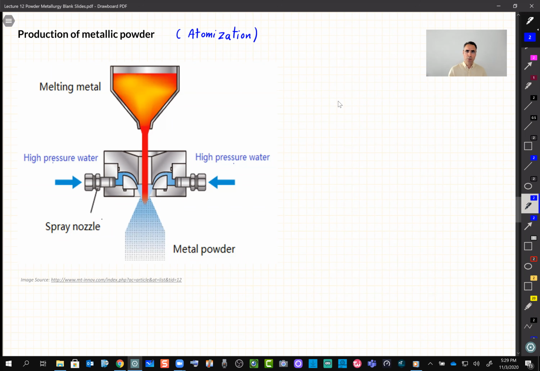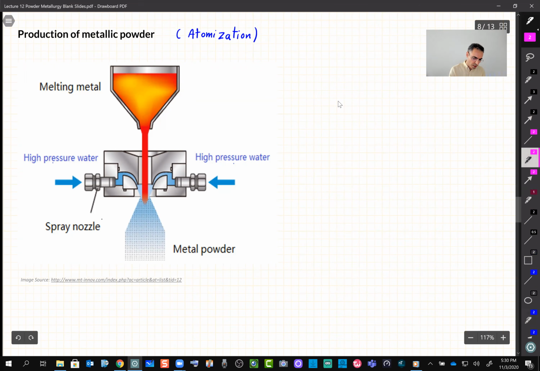All right. So you melt the metal, you pour it into a funnel or maybe a small orifice, and then you have high pressure water. Sometimes instead of water, people use air. So it's not always water. So air or gas sometimes.